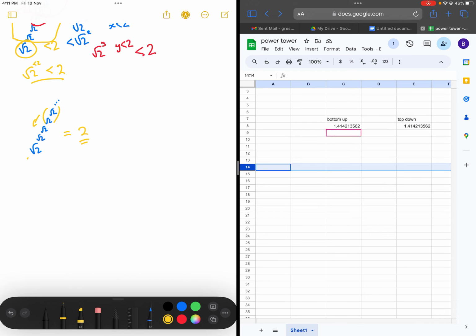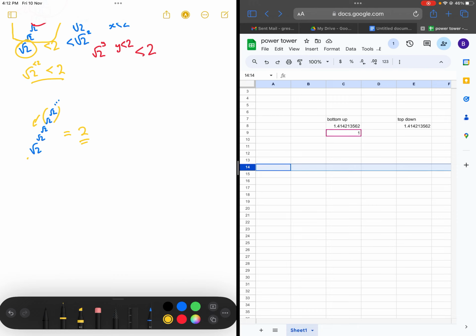Right, so that's easy. Now the bottom up, what we have to do now is equals that multiplied by, and we put a dollar in there, $B$8. So all we are doing is that is root 2, to the power of root 2, to the power of $B$8.